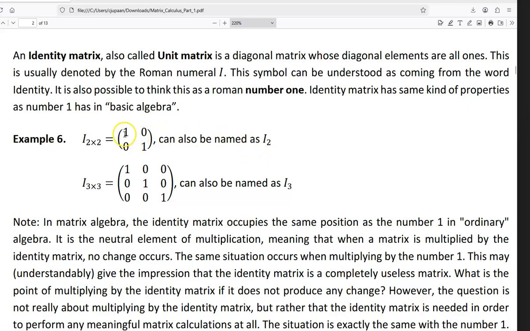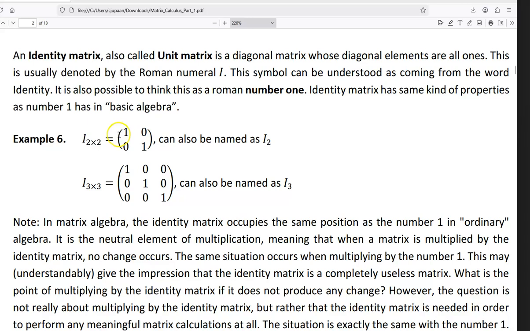So here, for example, I would say that these two unit matrices are probably the most usual identity matrices or unit matrices.